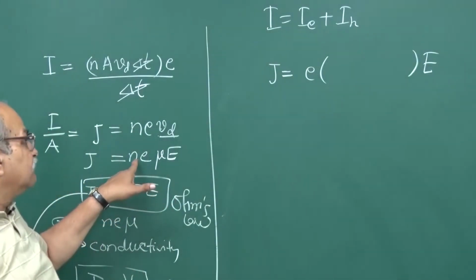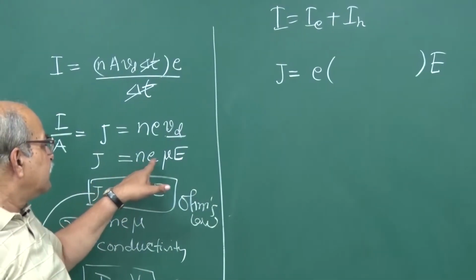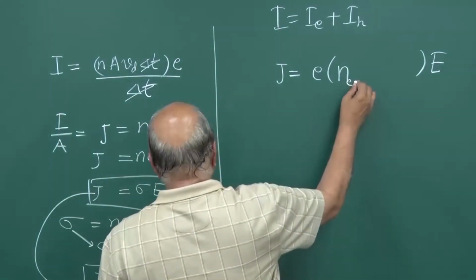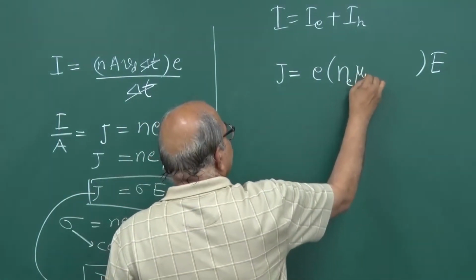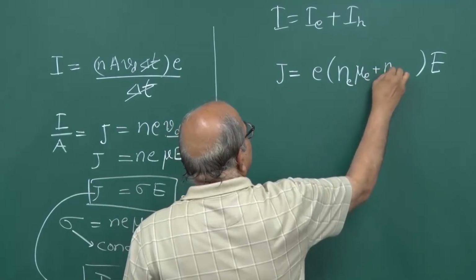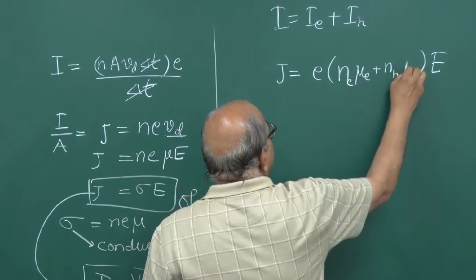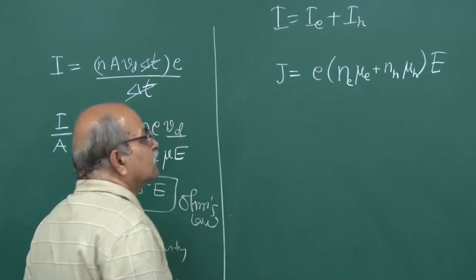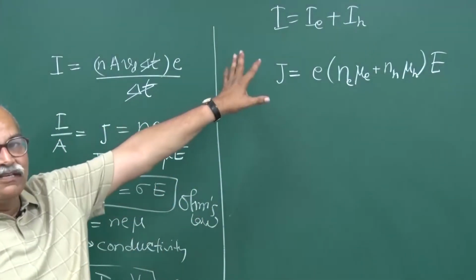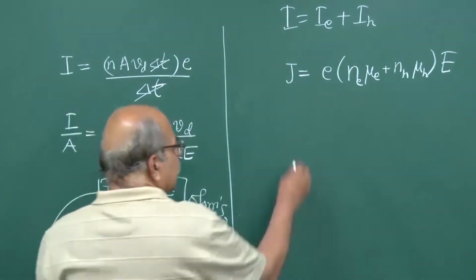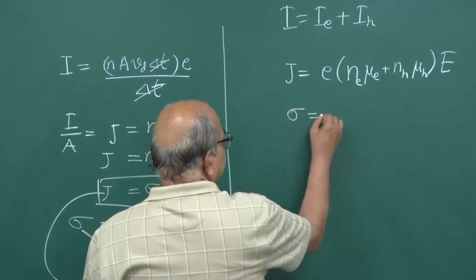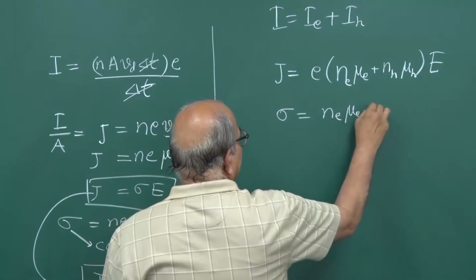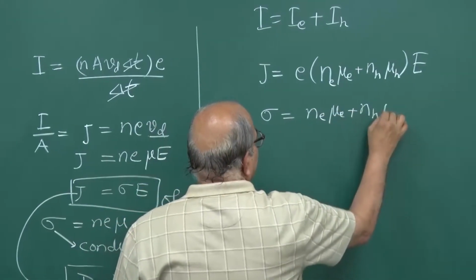Then you have number of electrons and mobility of electrons plus number of holes and mobility of holes. So this will give you the current, and the conductivity will be N_e e mu_e plus N_h e mu_h.